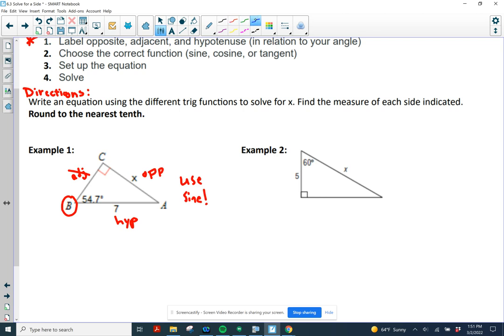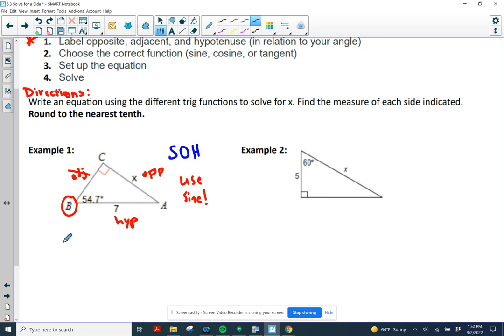We're going to use the sine function because it is opposite over hypotenuse. So since the sine function is opposite over hypotenuse, we'll use the sine function. Remember the SOH in SOHCAHTOA. So sine is opposite over hypotenuse. So I will use the sine function.